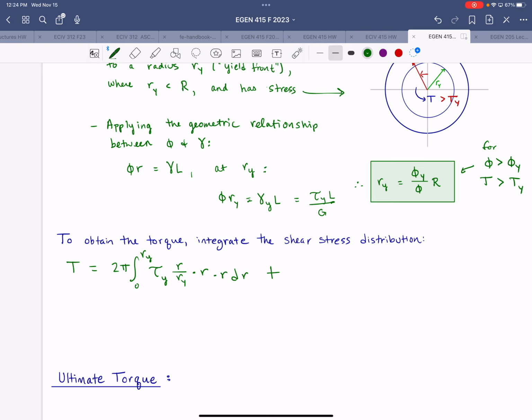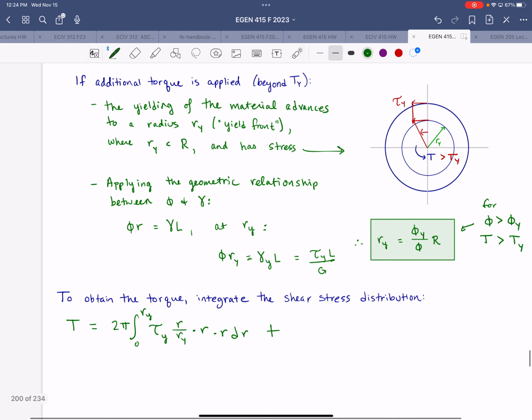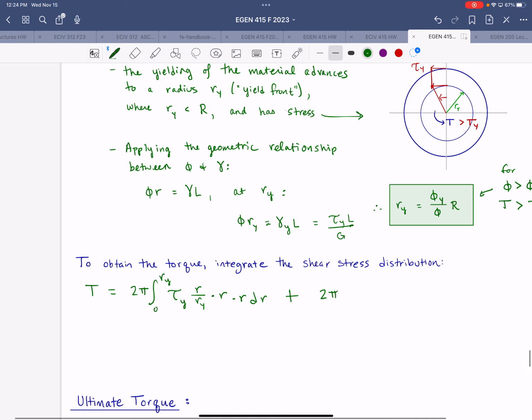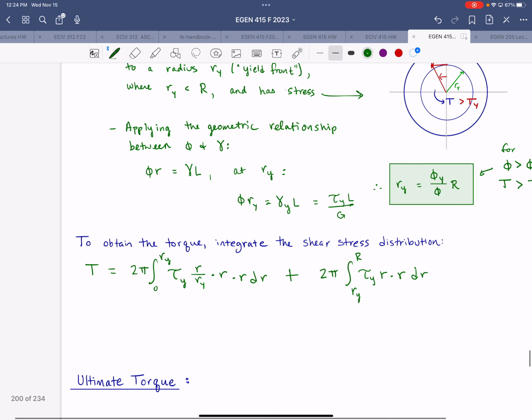And then for the rest of the distribution, we have 2 pi times the integral from Ry to capital R, the outer radius, of the shear stress tau y times variable R for the moment arm, and dr to complete the area over which that shear stress is acting.